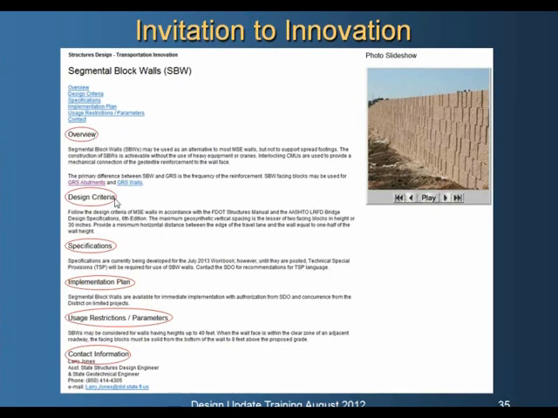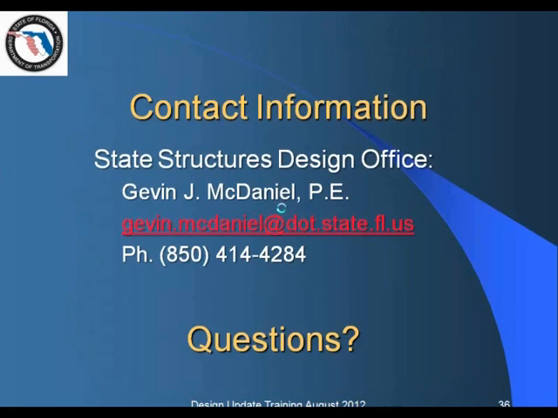This one has an overview, design criteria, specifications section, implementation plan, and restrictions and parameters. There will also be a contact person for each one of these items, where you'll be able to contact them if you have any questions or would like to include one of these on your project. So please visit the innovation website, and we would like you to consider using those on your plans.